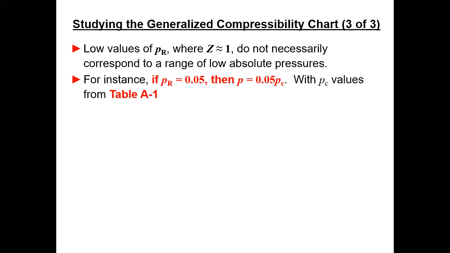For water vapor, the critical pressure is 220.9 bar, which is about 3,206 PSI.